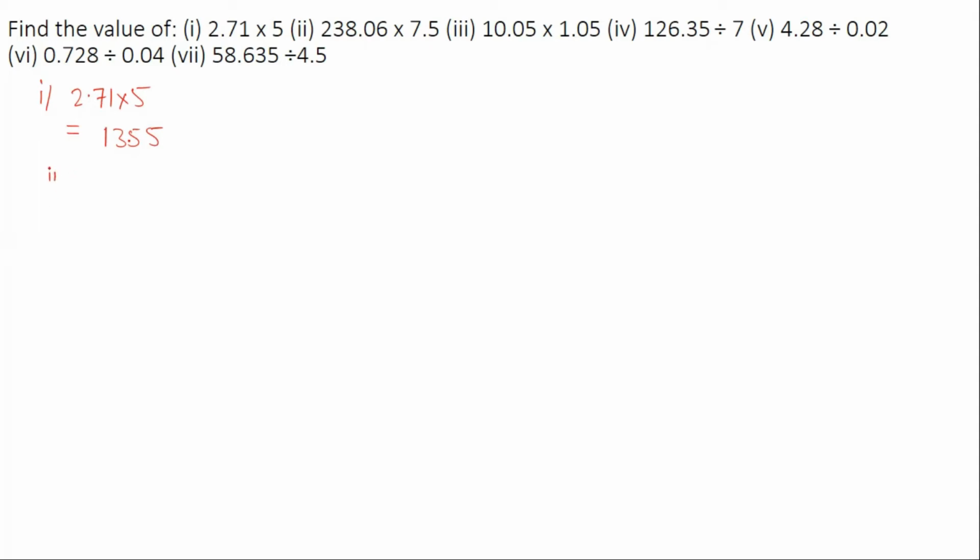Number 2, you have to multiply 238.06 into 7.5. So forget the decimal first. If you multiply the numbers only, you will get 178545.